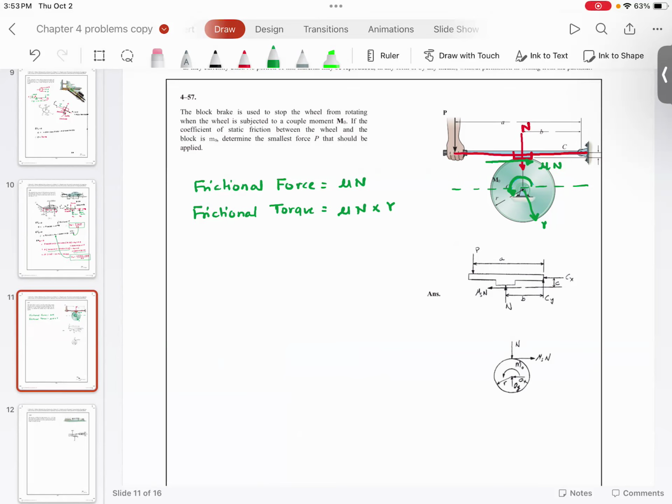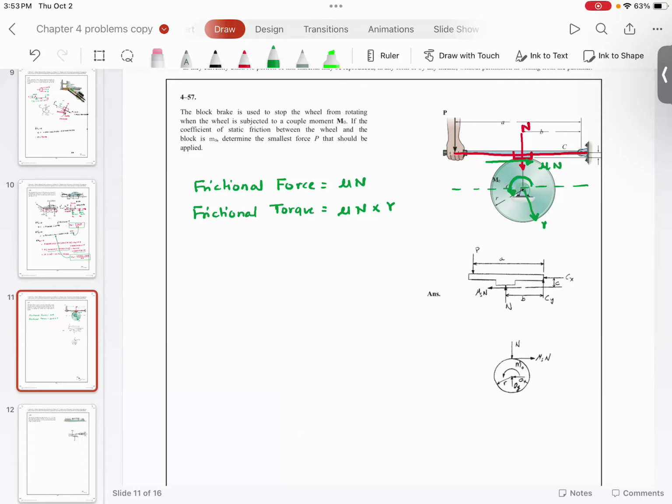So think about it. What happens is you have this drum that is rotating. You press that brake or the shoe hard onto the drum. As you press harder, the normal reaction would increase. And what happens is, if you increase the normal reaction, the coefficient of friction multiplying the normal reaction, frictional force also increases.